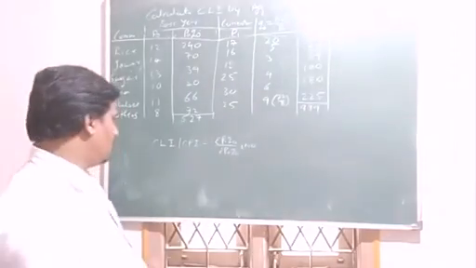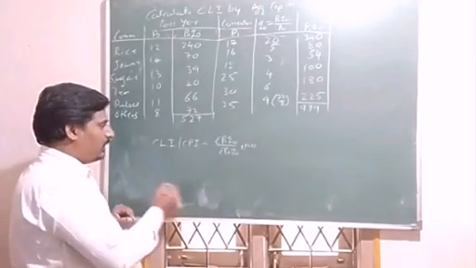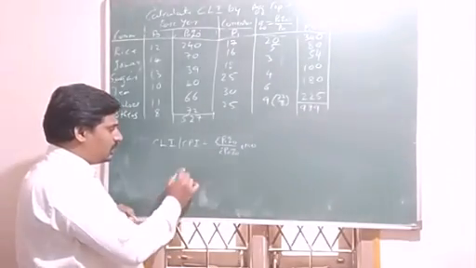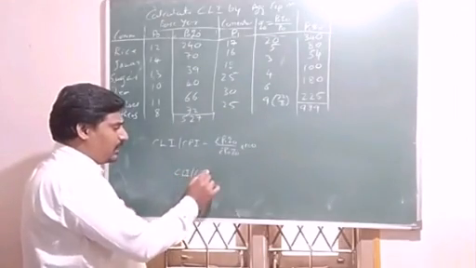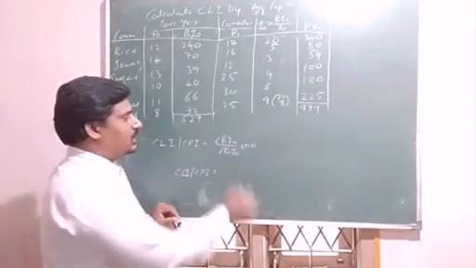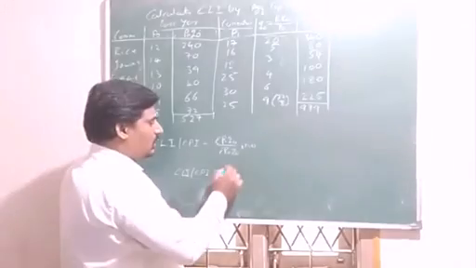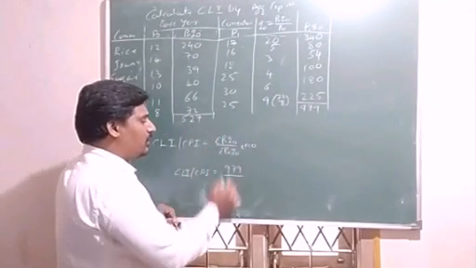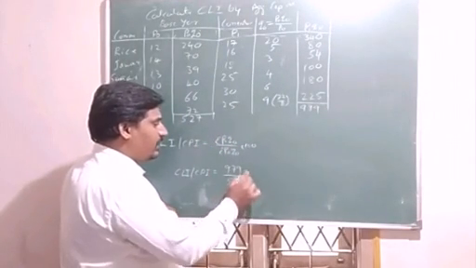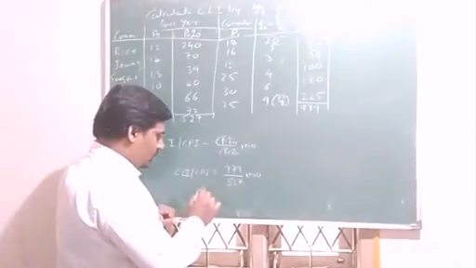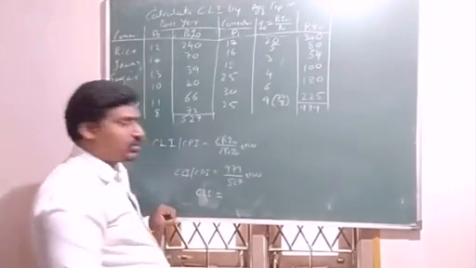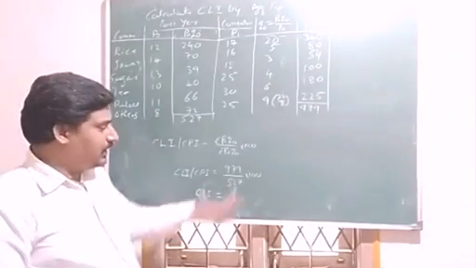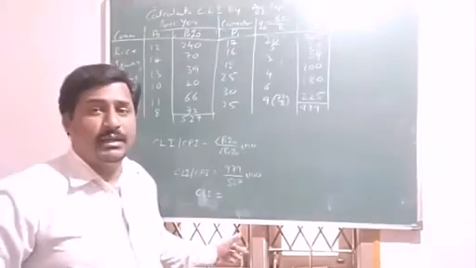Right. Now applying that in the formula, CLI or CPI is equal to summation P1 Q naught, 979, divided by summation P naught Q naught, 527, into 100. So CLI or CPI is equal to 979 divided by 527 into 100.